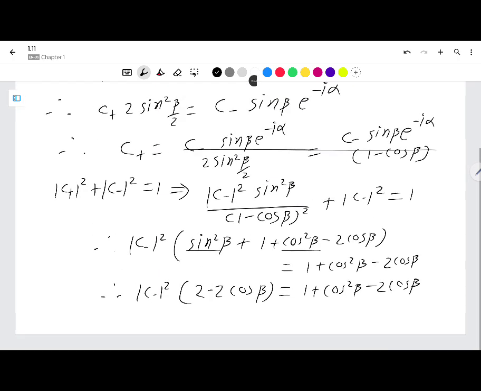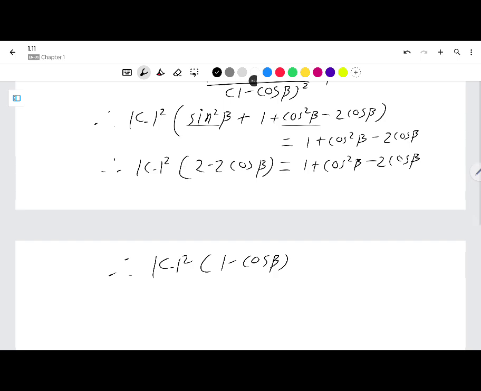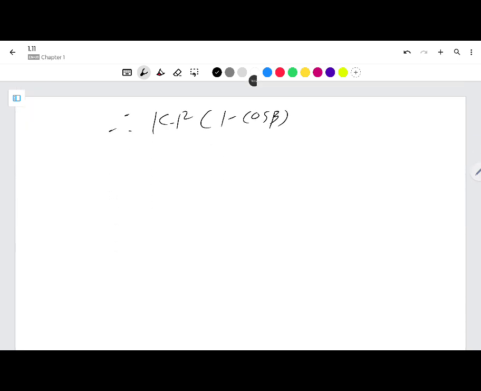Okay, so C minus mod square is 1 minus cos beta times 2.